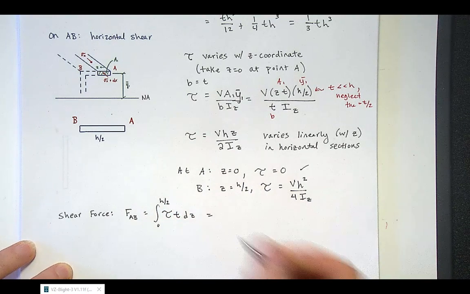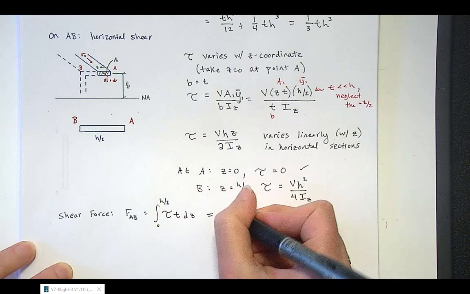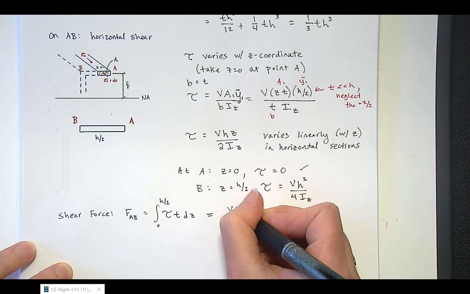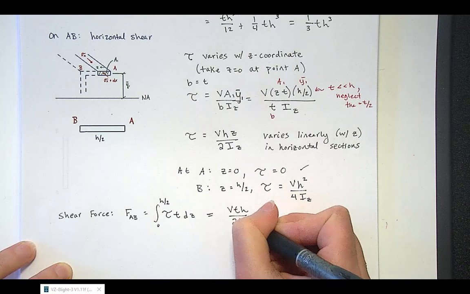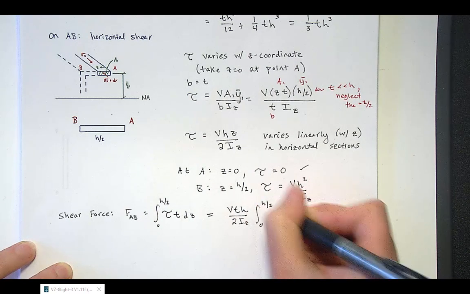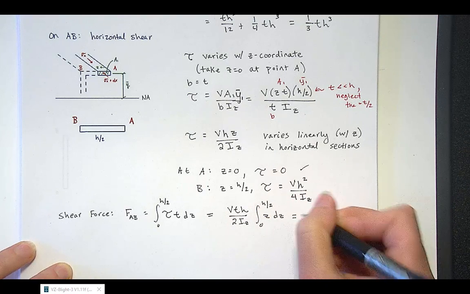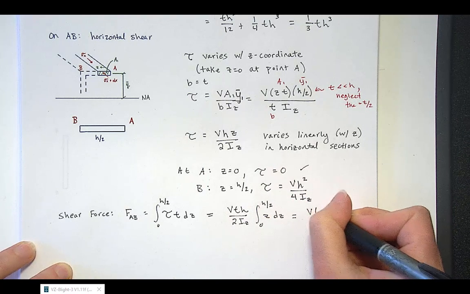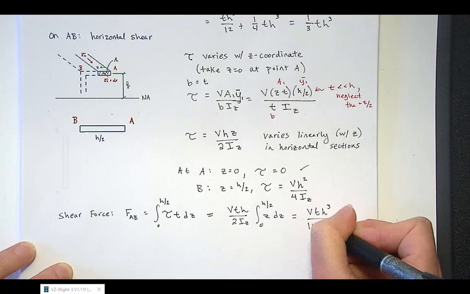And then substituting our terms for tau and bringing the constants out front, we get VTH over 2I times the integral from 0 to H over 2 of Z dz. Evaluating the integral, we get VTH cubed over 16 IZ.